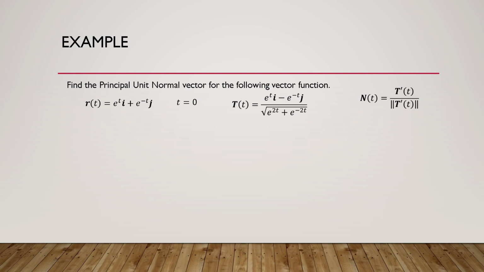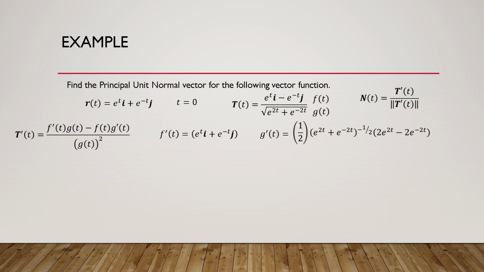As a review of the quotient rule, let's set the numerator of our function to be f of t and the denominator g of t. The quotient rule states that the derivative of the function will be f prime of t times g of t minus f of t times g prime of t, all over g of t squared. F prime of t is e to the t i plus e to the negative t j.